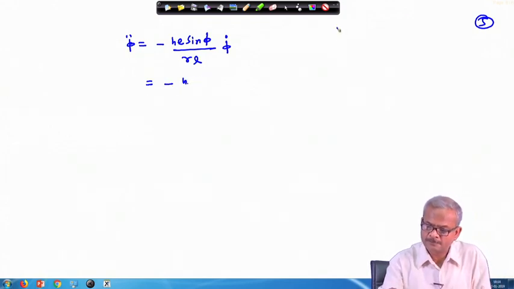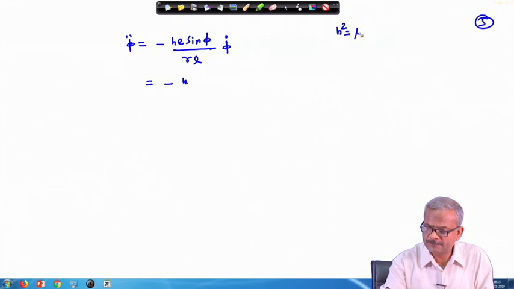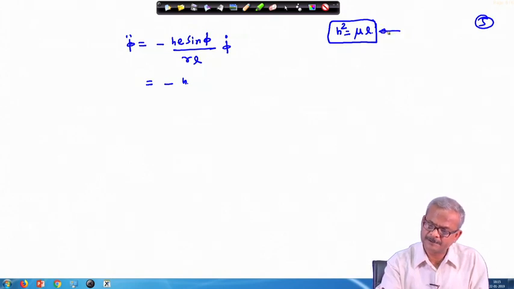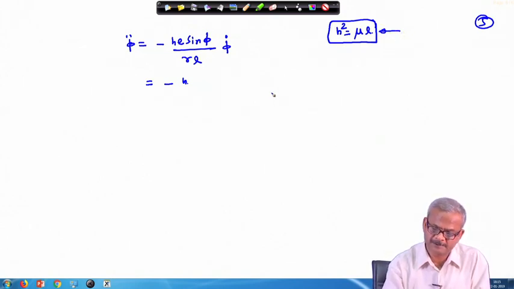Now, h square is related to L by this relationship, which is derived in the space flight mechanics lecture.